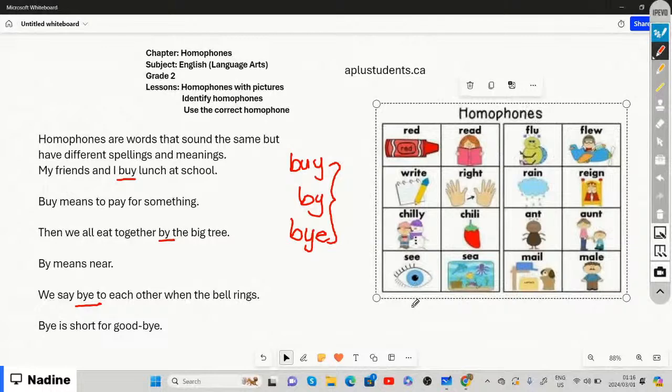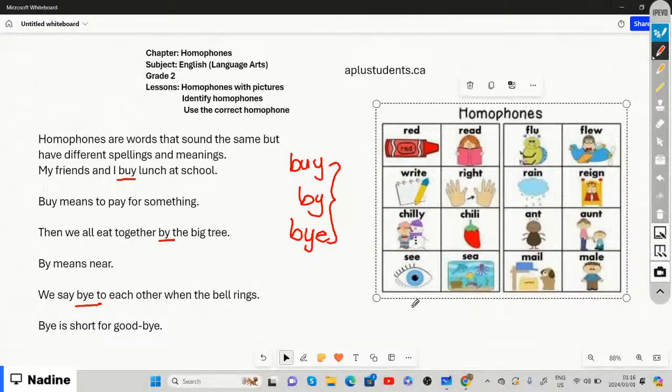Then we have ant and aunt, right? So an ant is a little insect that comes out when you leave something sweet on the floor, and your aunt is either your mom or dad's sister. Then we have mail and male.